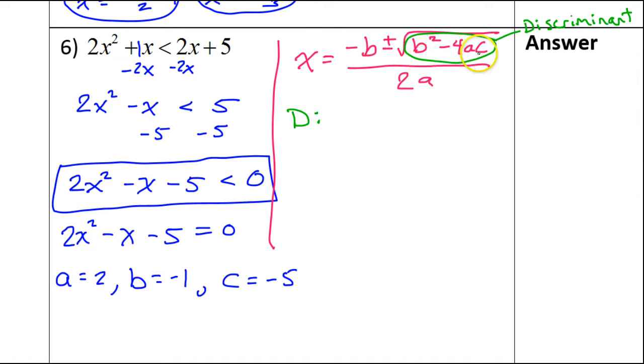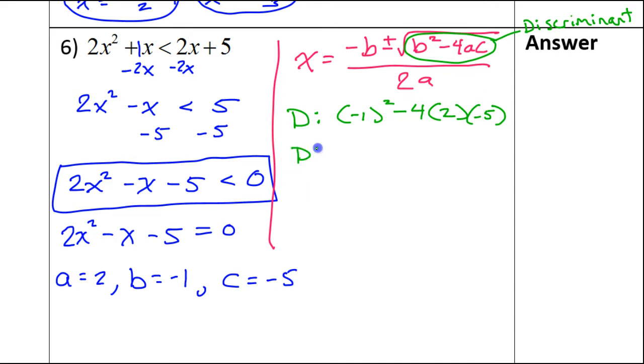So b squared minus 4ac. Here comes my b squared minus 4ac. B is negative 1, so I'm going to put negative 1 right there, in parentheses, please. And then my a is 2, and my c is negative 5.